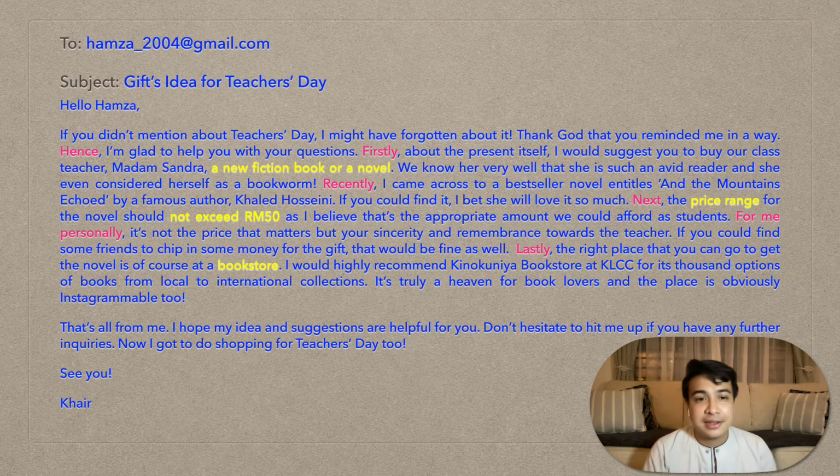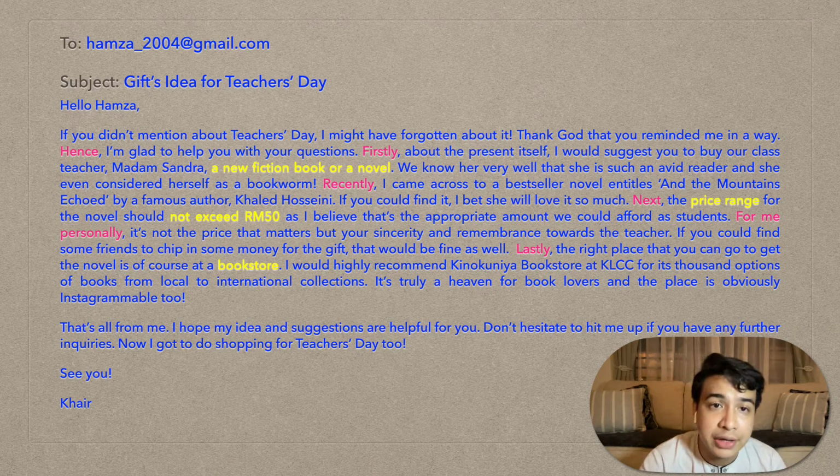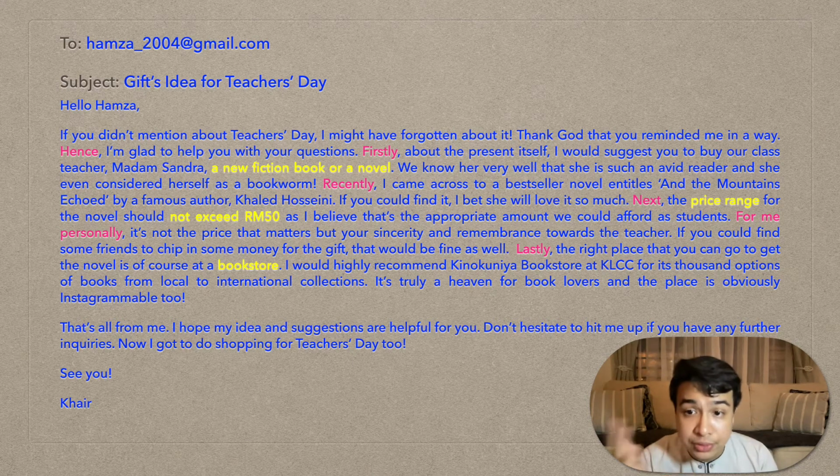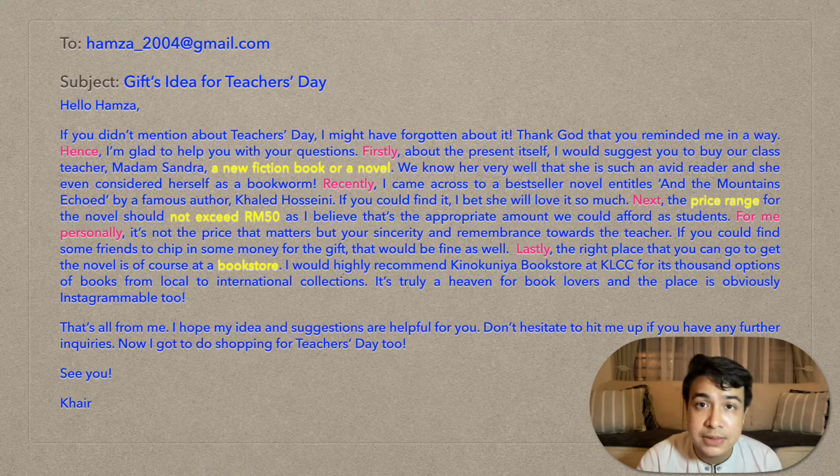So that is how you end the email. All right, so I believe this is what makes a good email. You have flow for the requirements from one question to another question because you use cohesive devices. All right, and last but not least, you also have closing. So that's pretty much of it.